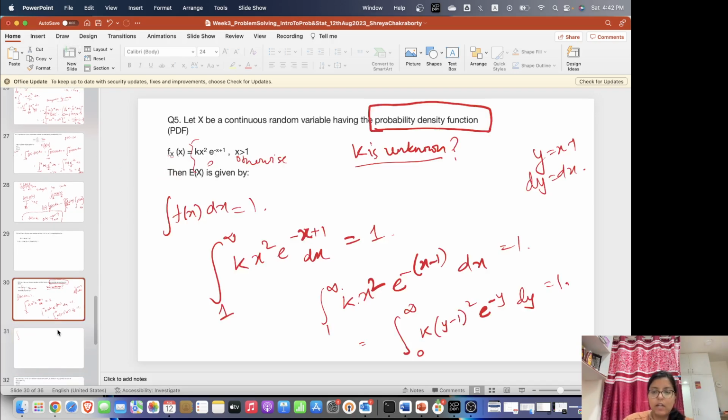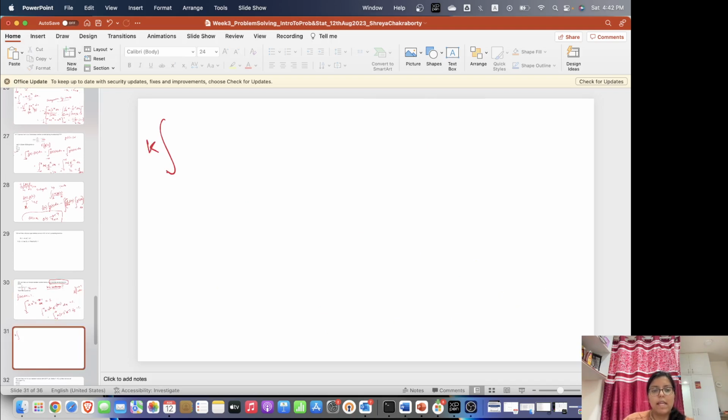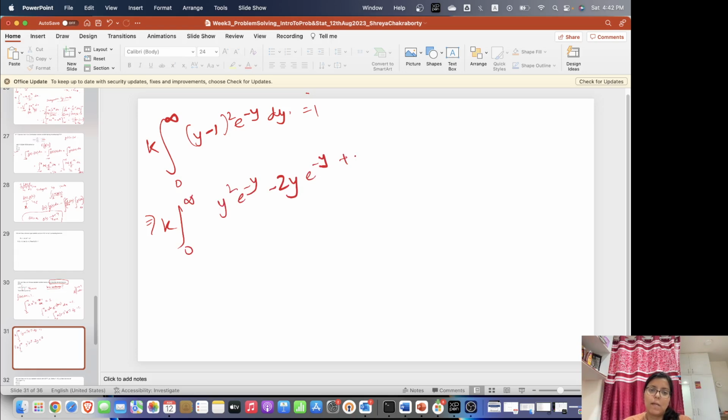So this will be k times the integration from 0 to infinity of (y plus 1) whole square e to the power minus y dy equal to 1. That is k times the integration of y square e to the power minus y plus 2y e to the power minus y plus e to the power minus y dy equal to 1. Now we'll do this by parts.